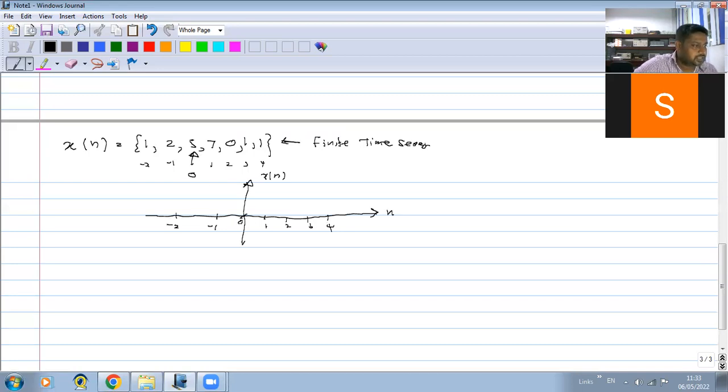The 0 sample is 5. The first sample is 7. The second sample is 0.